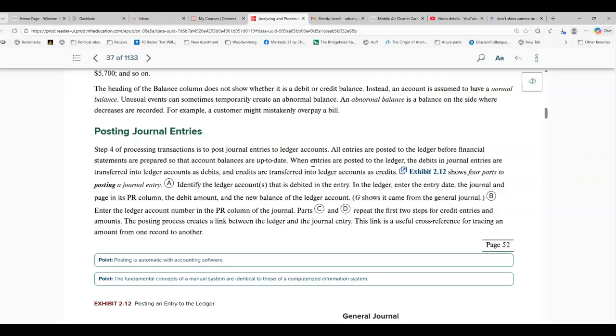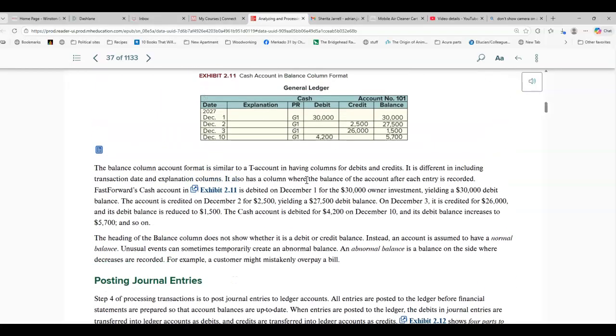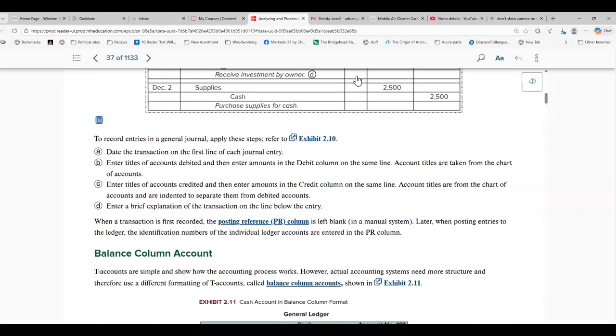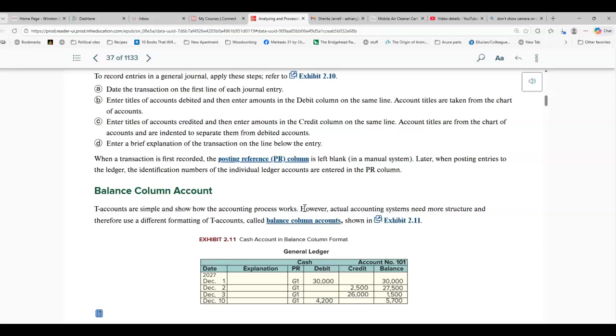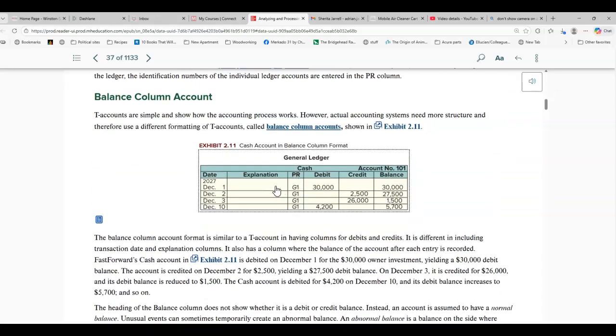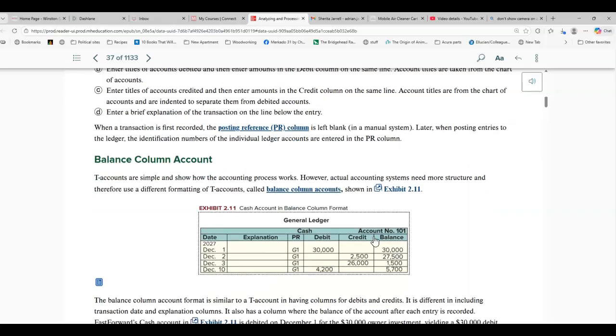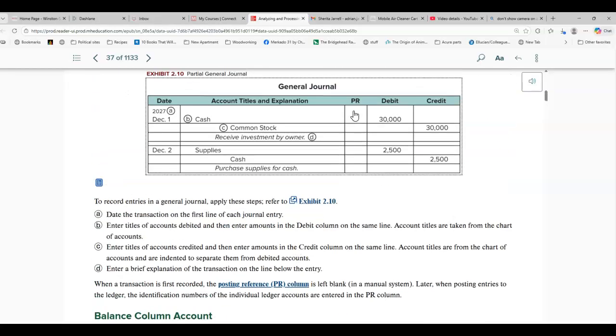So we leave the posting reference column blank in the journal until we post to the ledger. The last thing I do in this line is put the page number, and then I'm going to go quickly back to the journal and post the account number.